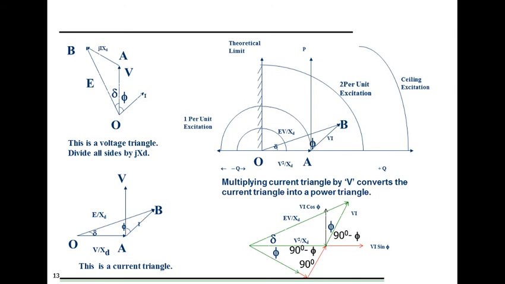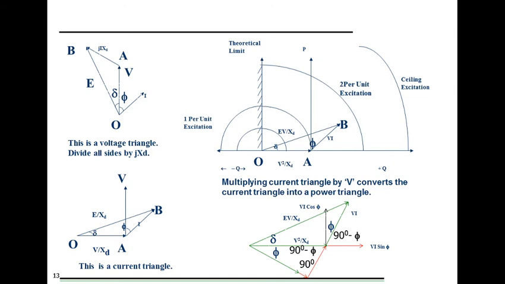So we get AB. Now E will be obtained by adding OA and AB, which is the vector addition. So we get E as OB. Here we get a voltage triangle that is represented as OAB.